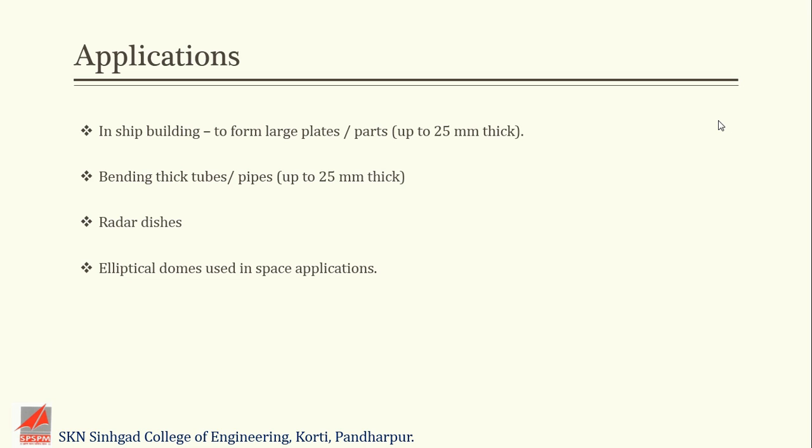Radar is used to get directions, and dishes for the antenna are required, and these dishes are formed by using this high energy rate forming process. Elliptical domes used in space applications are also produced by this process. This is high energy rate forming process. In the next lecture we will see the other processes.